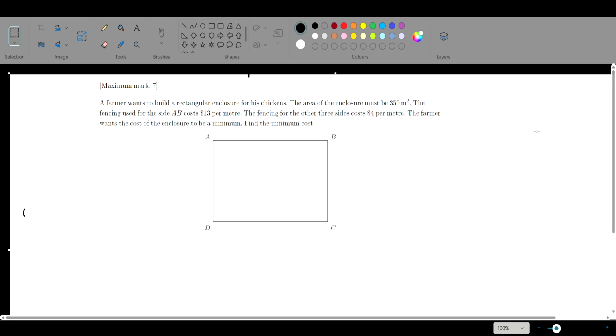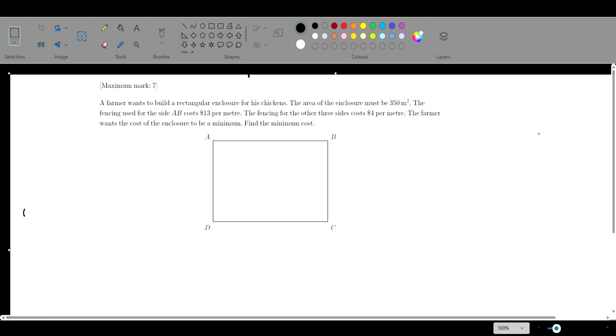So area is length times width. So that would be, we don't know the length or width. We need to create the equation with the help of length and breadth.